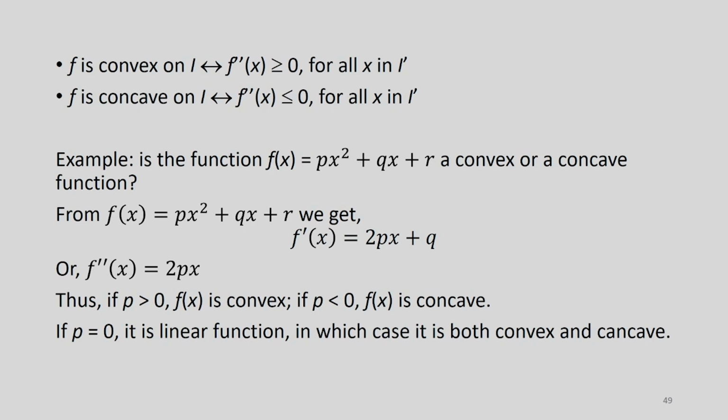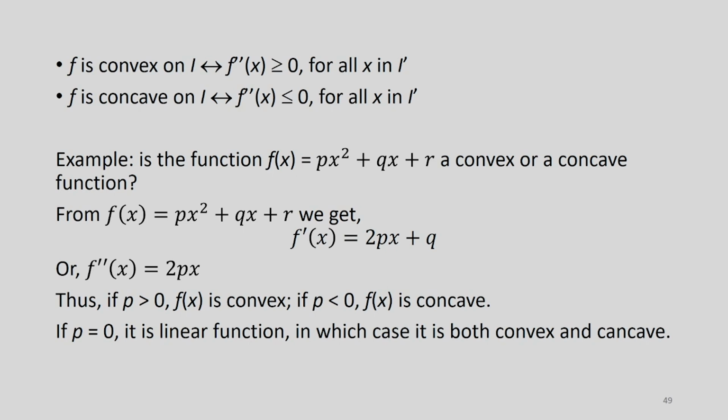So, the point that is being made here is that for convexity, the derivative should go on rising, and for concavity, the derivative should go on declining. Both these things are in a weak sense.